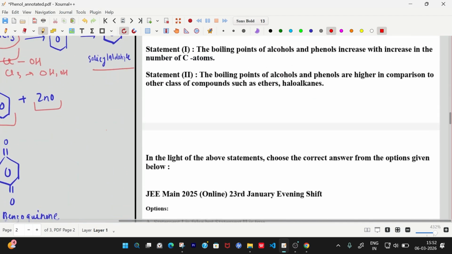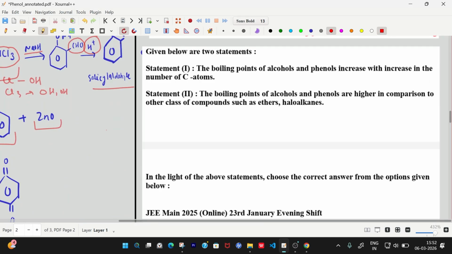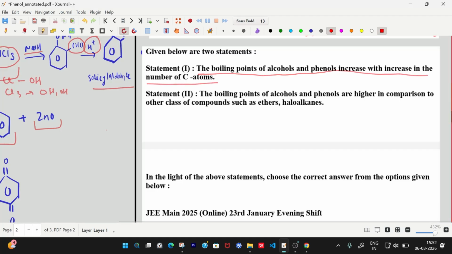Our second question is that statement 1, the boiling point of alcohol and phenol increases with increase in the number of carbon atoms, as we have seen earlier that this is true. And boiling point of alcohol and phenol are higher in comparison to other classes of compounds such as ethers and haloalkanes.